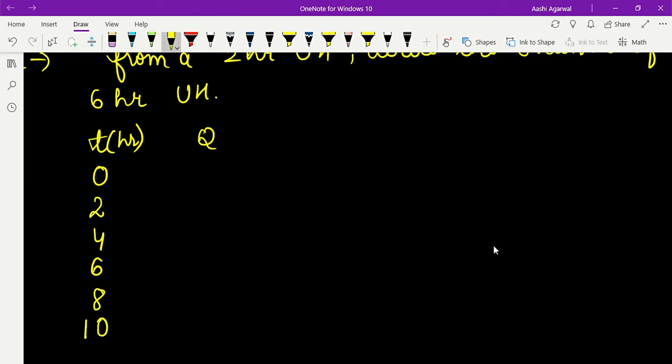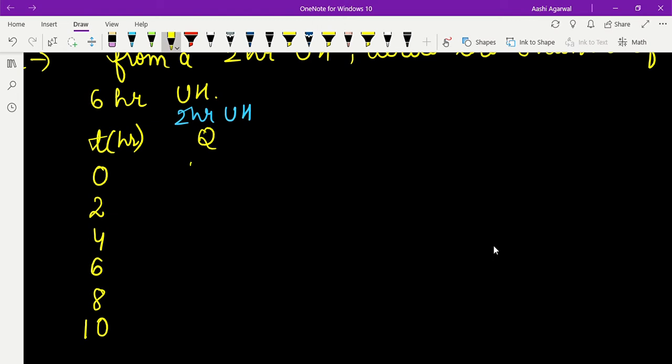Okay. Now here let me take the ordinates of 2-hour UH, okay? These are the ordinates of 2-hour UH. Let me write 2-hour UH. Okay. So what are the values?